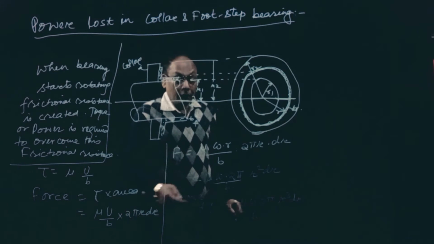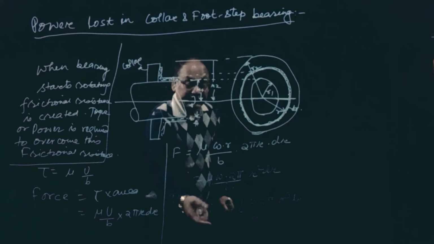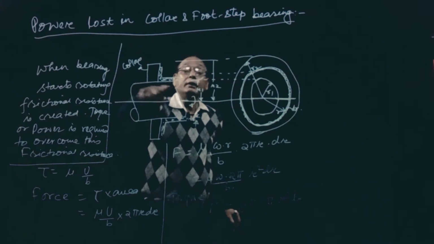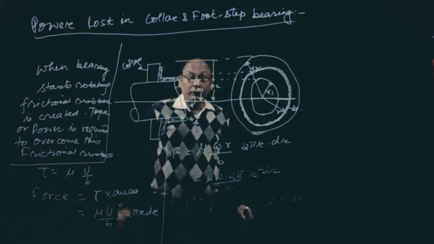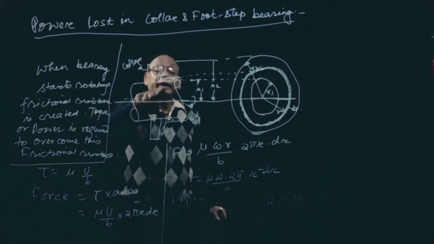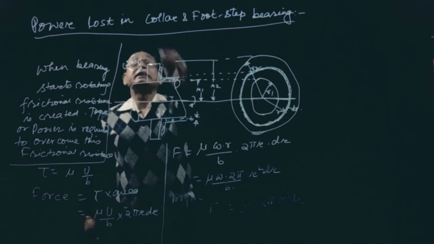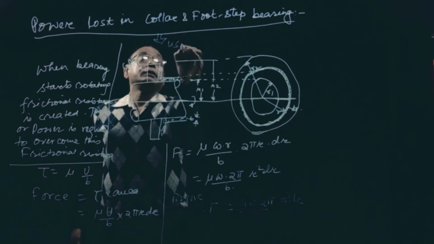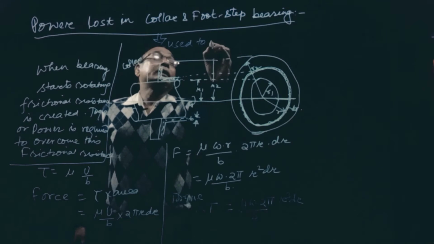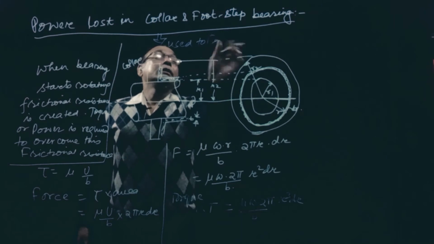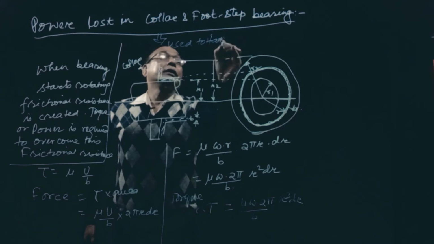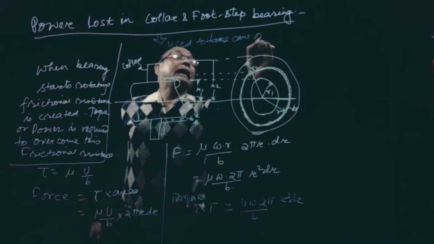Now, taking the integration of this between limits r1 and r2, because two radii are there. Remember, this collar bearing is used to take care of axial load.